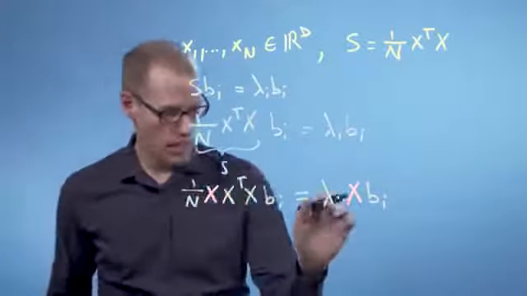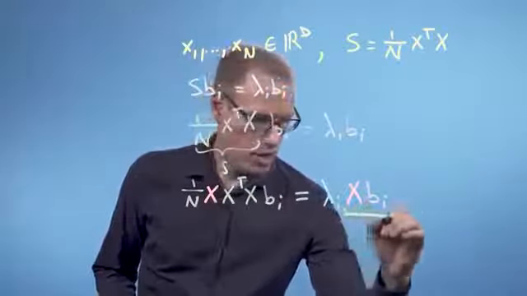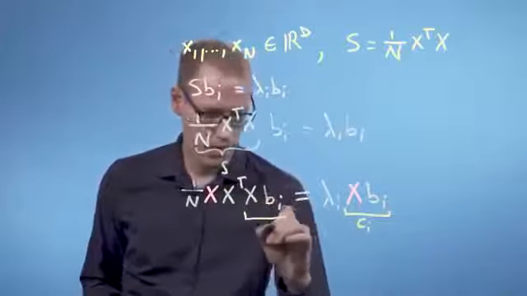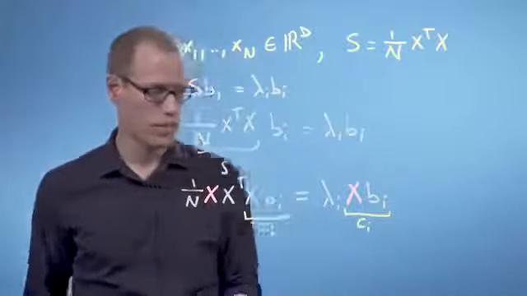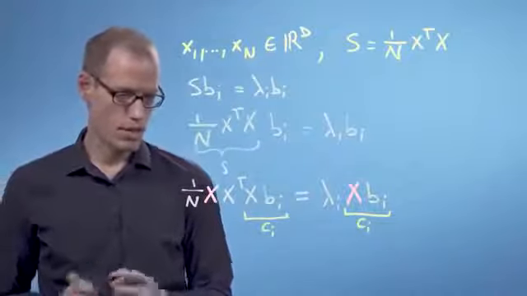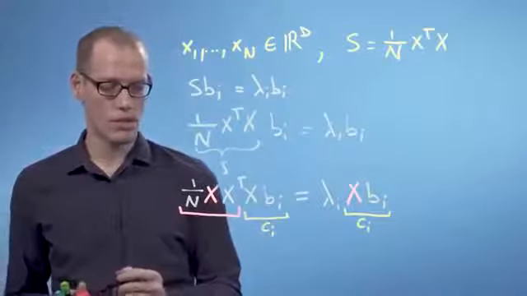So lambda i is still an eigenvalue, and now we have eigenvectors X times Bi, which we call Ci, of the matrix 1 over n times X X transpose.